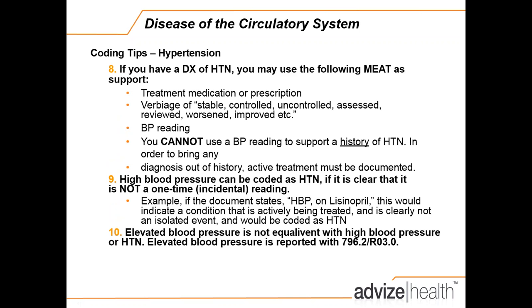In order to bring any diagnosis out of the history, active treatment must be documented. And again, that's actually one full phrase there. Sorry for the next bullet. It says you cannot use a blood pressure reading to support a history of hypertension. In order to bring any diagnosis code out of the history, it must have an active treatment.